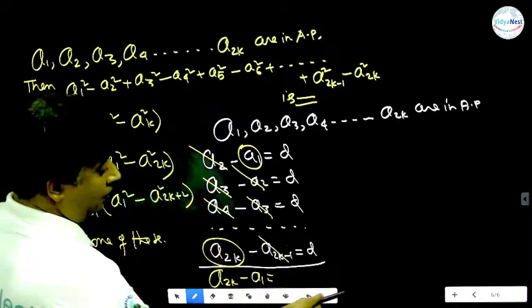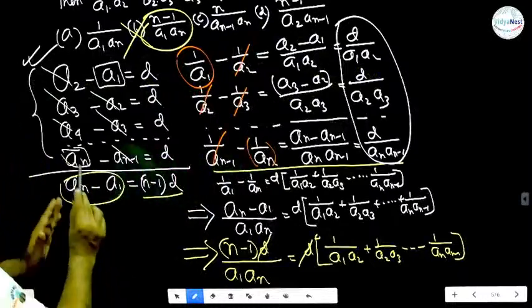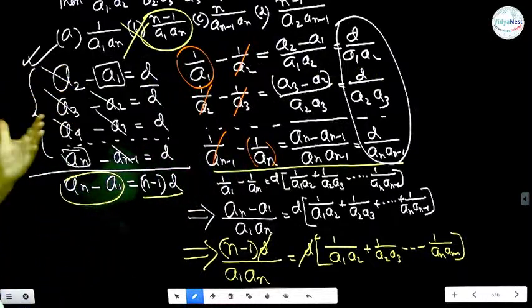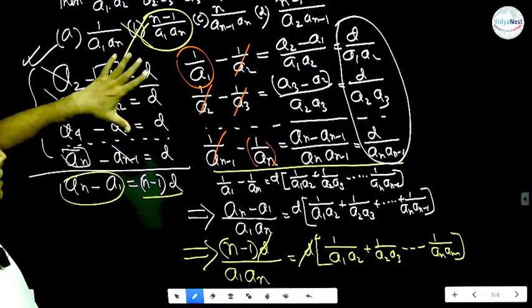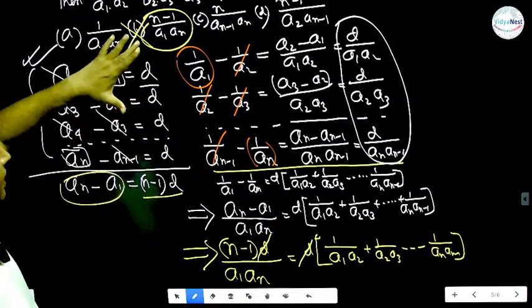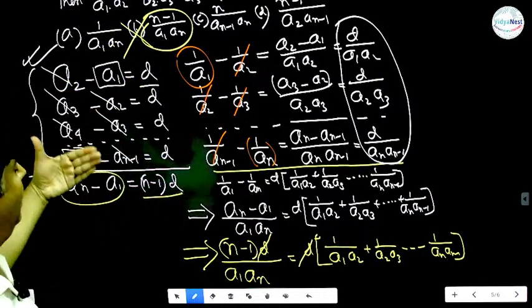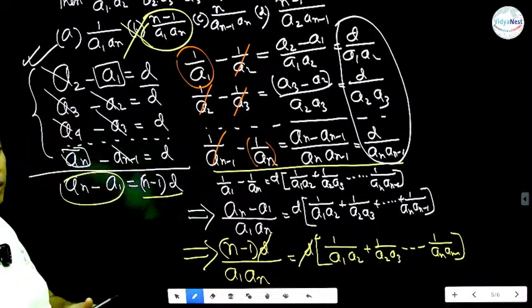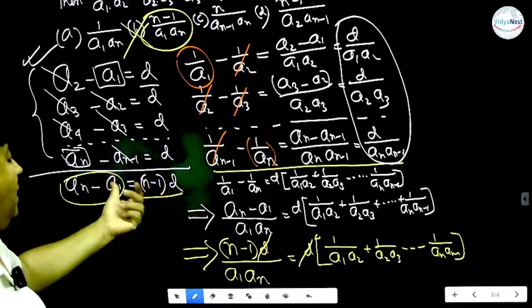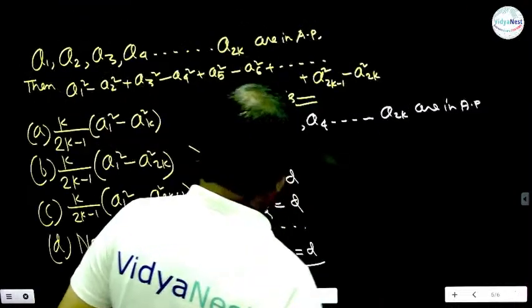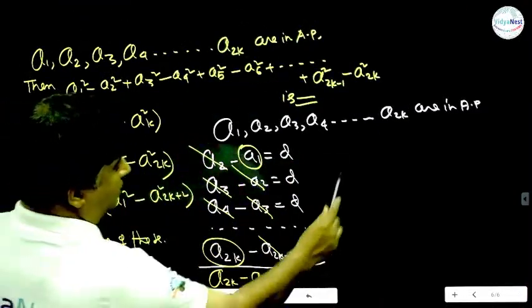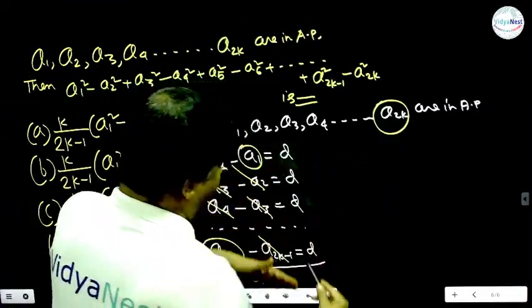And like the previous sum, in open eye, it seemed to us the recurrence of n numbers of D, but actually taking 2, 3 examples we got n minus 1. Here also, it seems to us 2k number of D recurrence.